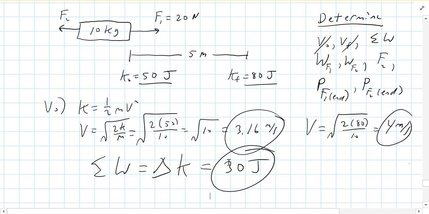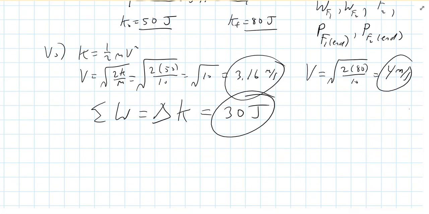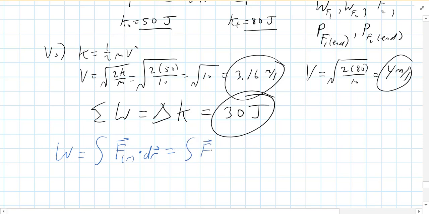Now, how about the work done by F1? The equation for work done by a force, the most general definition, is the integral of F as a function of r dot dr. For us, we have forces in the x direction, so I'll write the integral of F of x dx.